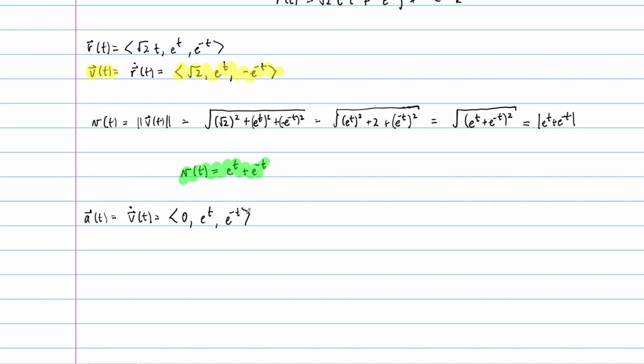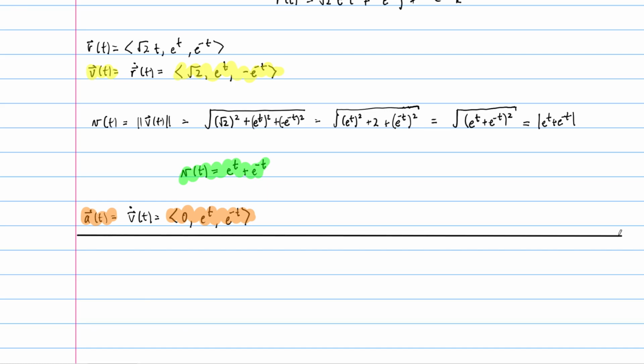So the acceleration is 0, e to the t, e to the minus t. And that's it. So that'll be our acceleration function of our particle. So here we have velocity, we have speed, we have acceleration. That's what we were asked for. So we're done.